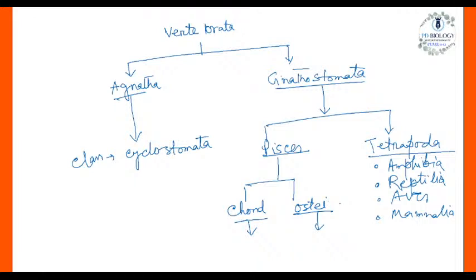So the Cyclostomata, this class, they have 6 to 15 pairs of gills present for respiration, the body is elongated, and scales are devoid here. Their paired fins are also devoid. They have a sucking and circular mouth without jaws. That's the character.